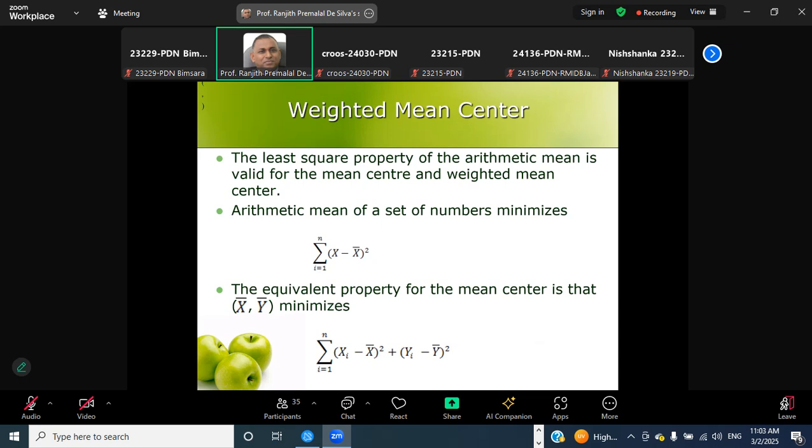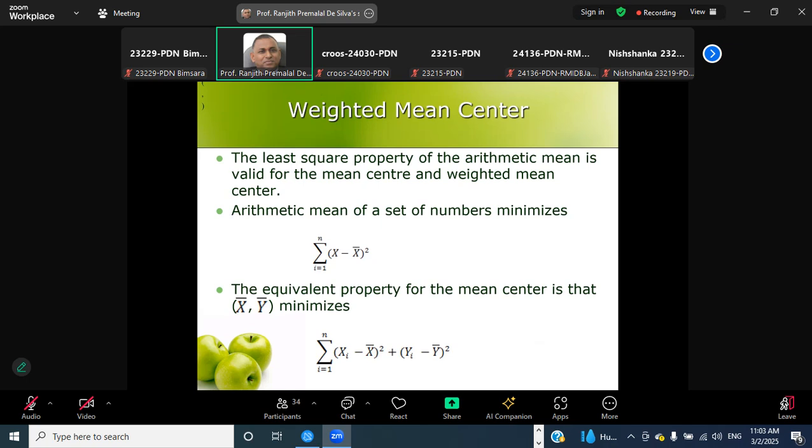Right? So that is the general mean. The summation of squared deviations is minimum when you calculate x bar as the mean.